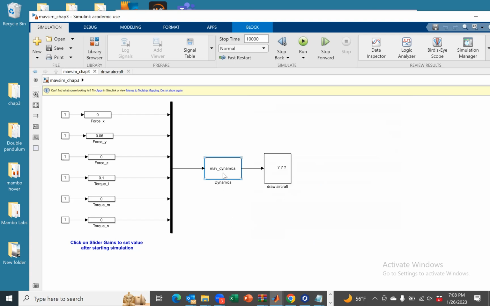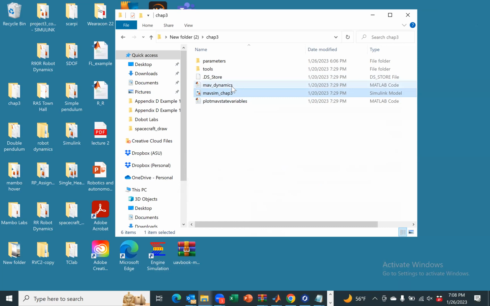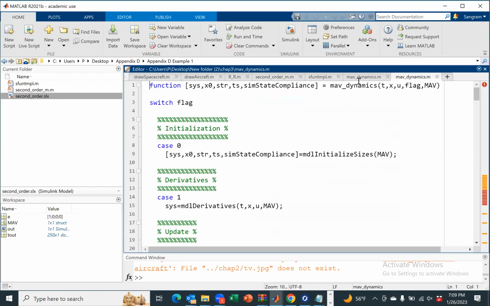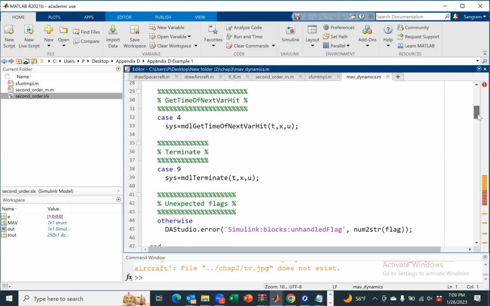Now let's focus on how this MAV dynamics is written. If you go to the second line of code, MAV dynamics, double click on that. And now you have this MAV dynamics code. Please note, this follows the exact same template of the S function. You agree with me? However, you have case 0, case 1, then update case 2, case 3, case 4, case 5, 9.